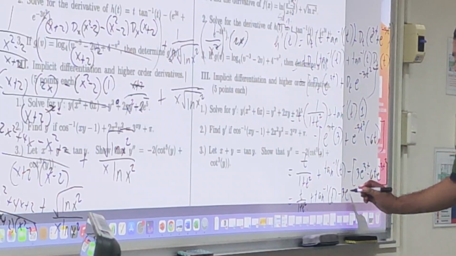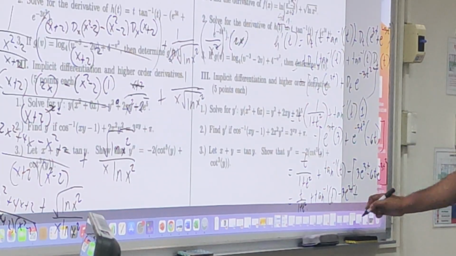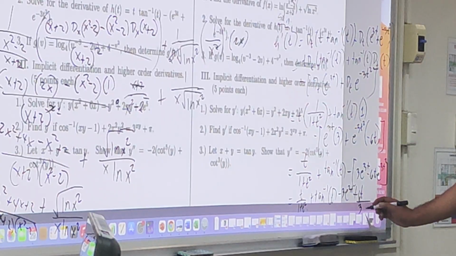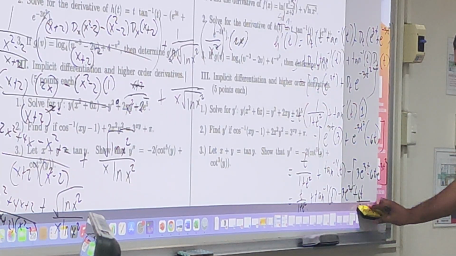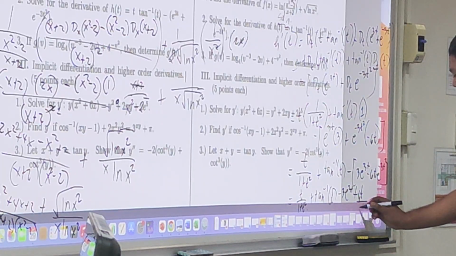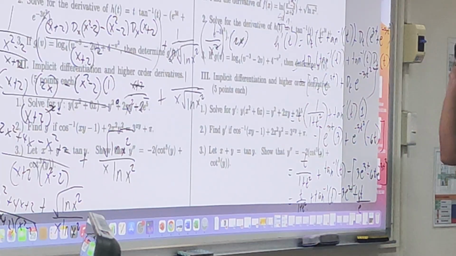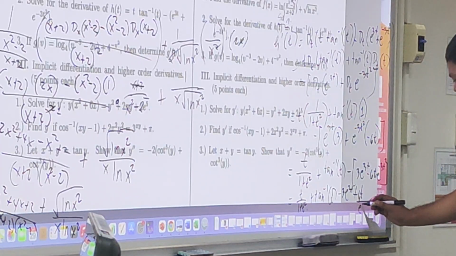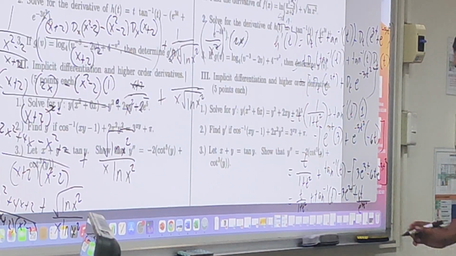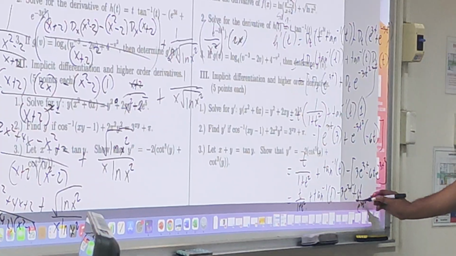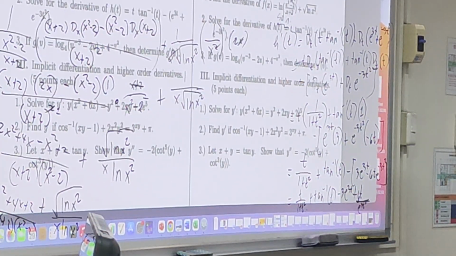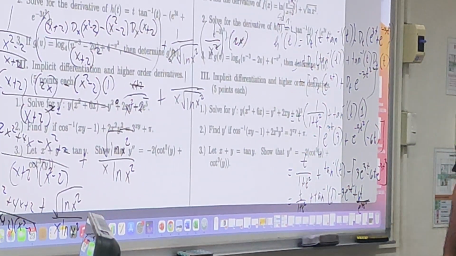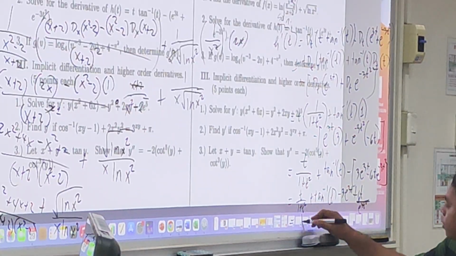So we have negative 3 e to the 3t plus 3 over e to the 3t. So you can also add that one.